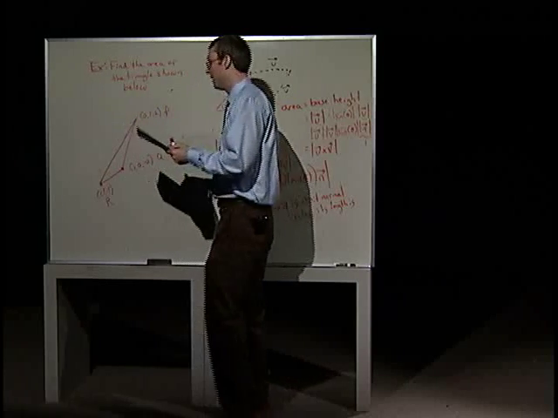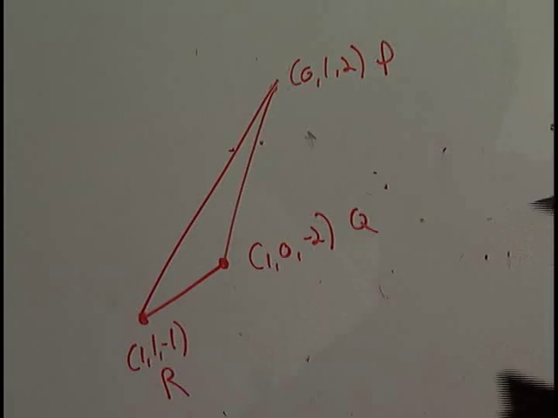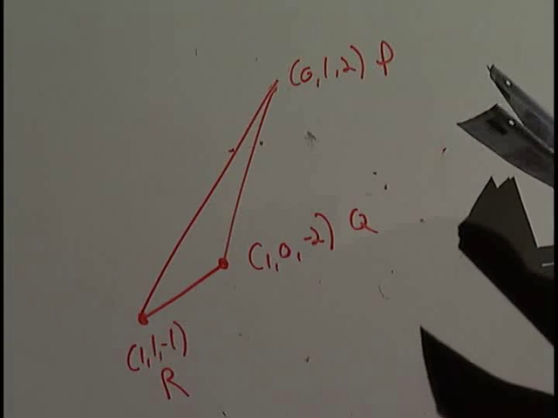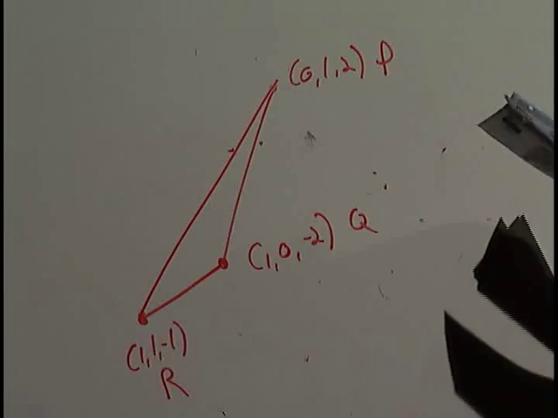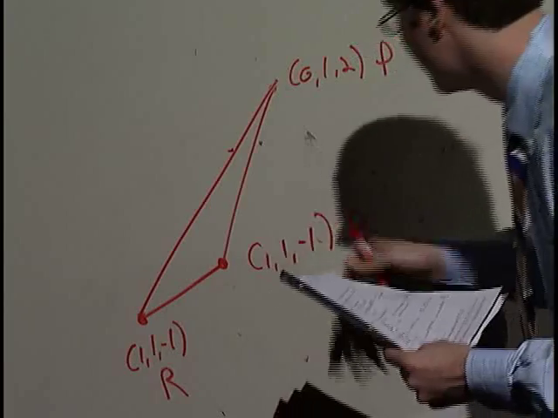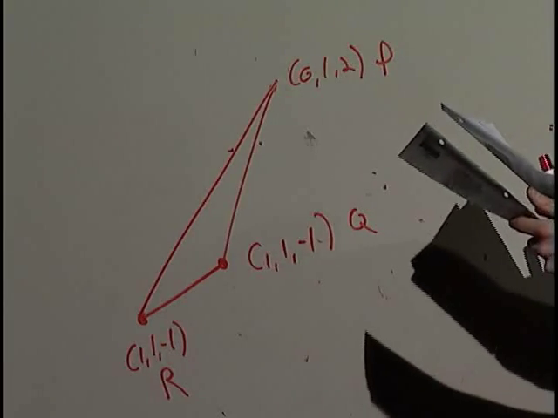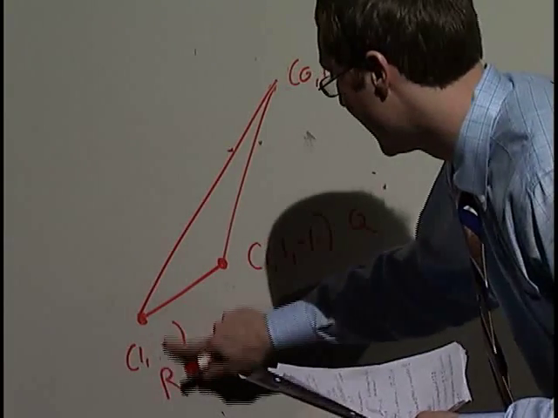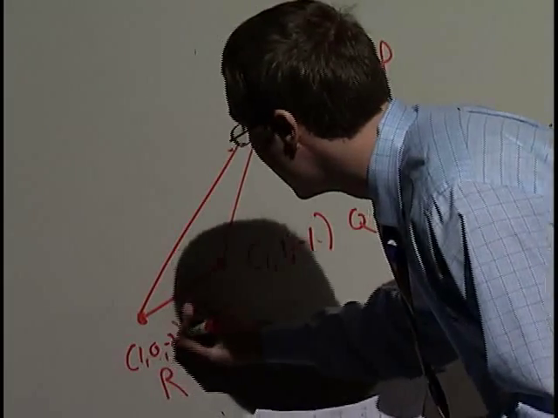Right? So this is the same triangle we had in the previous example. I think I called this point, let's see here, I called that point Q. This point should be 1, negative 1, and this point should be 1, 0, negative 2. Makes a big difference.